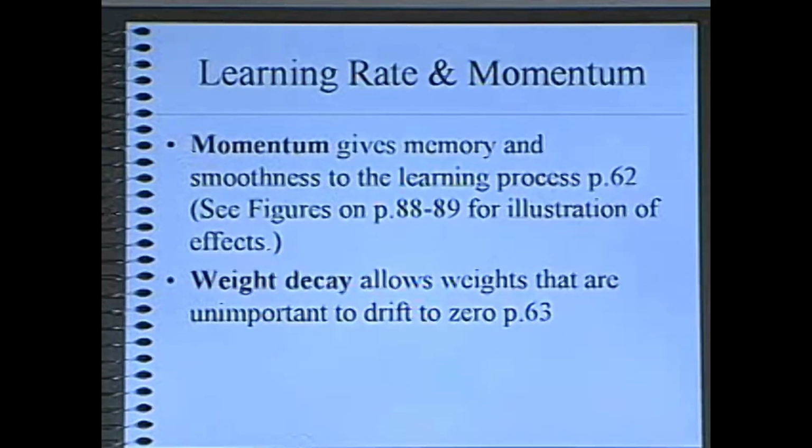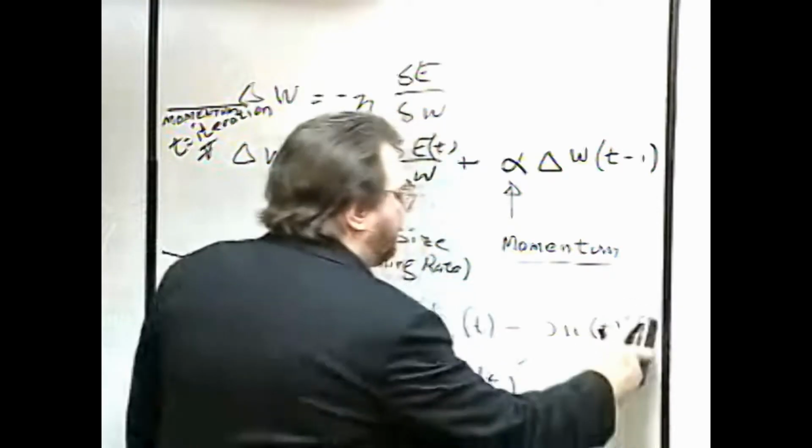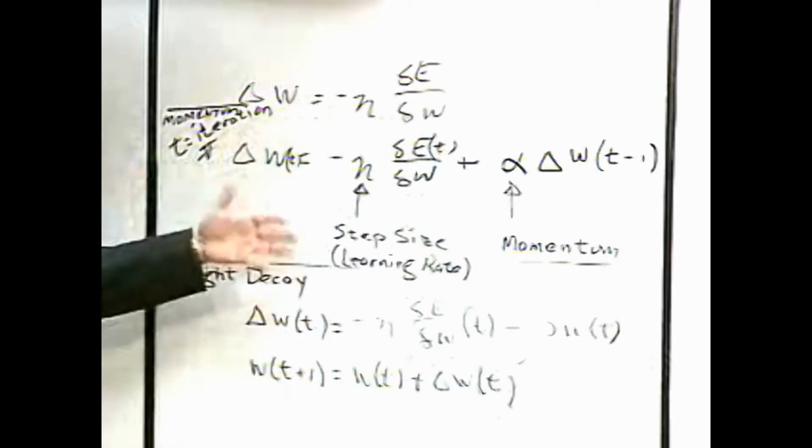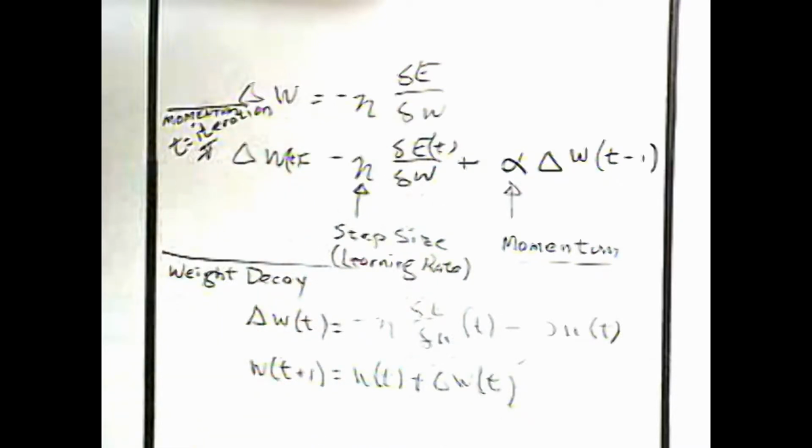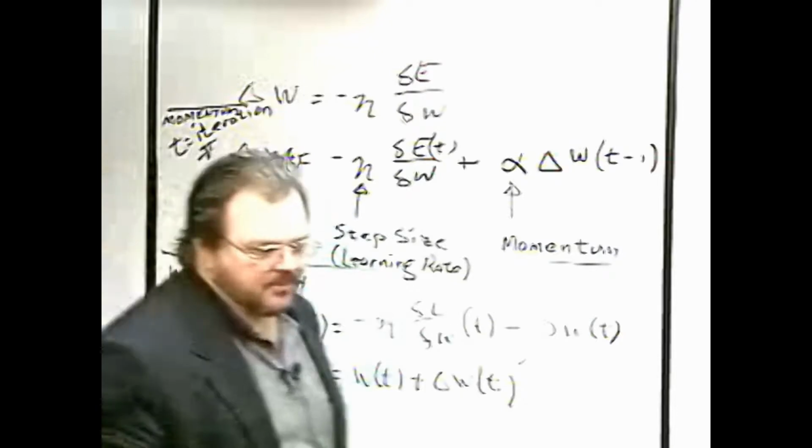Where's the memory associated with this? Until you realize that the new weight at t+1 is equal to the old weight at t plus the delta weight at t. So it can be either one. It doesn't matter. You'll get incrementally different performance with the two.